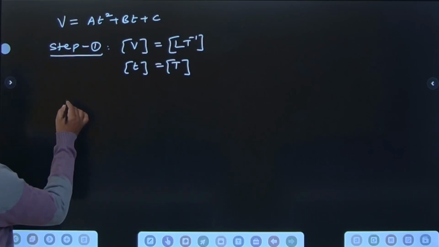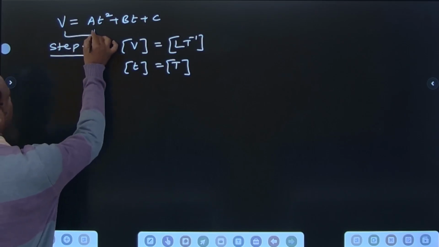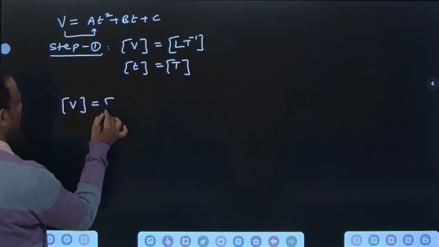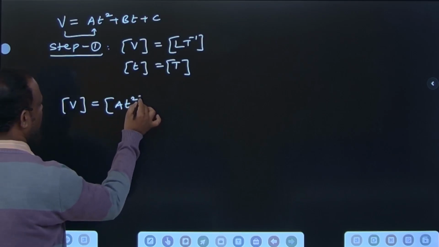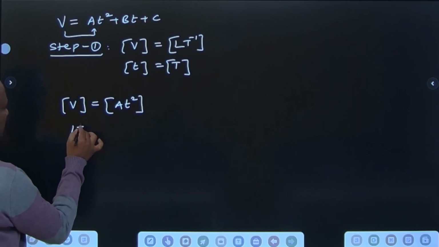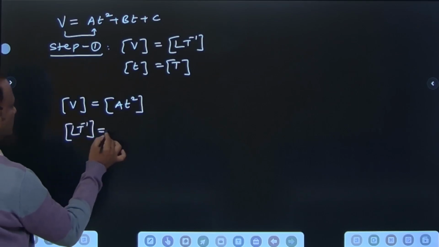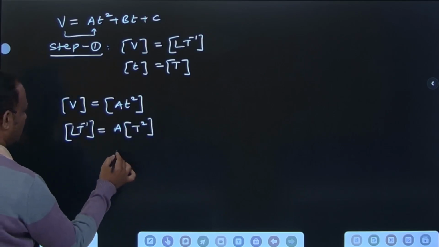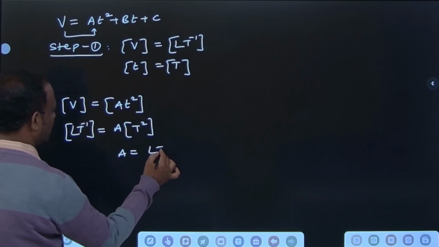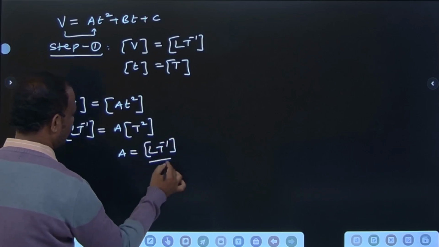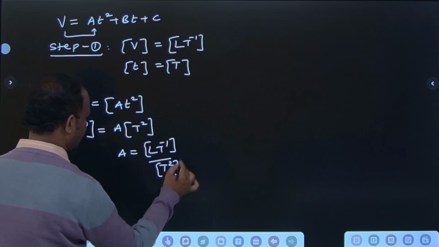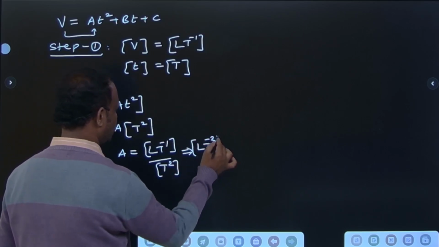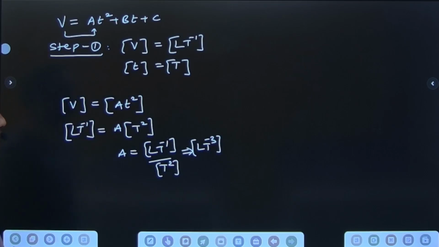Now velocity is equated to velocity, so the dimensional formula of v is equal to the dimensional formula of at square. LT power minus 1 is equal to a into T square, so a is equal to LT power minus 1 by T square, which becomes LT power minus 3.